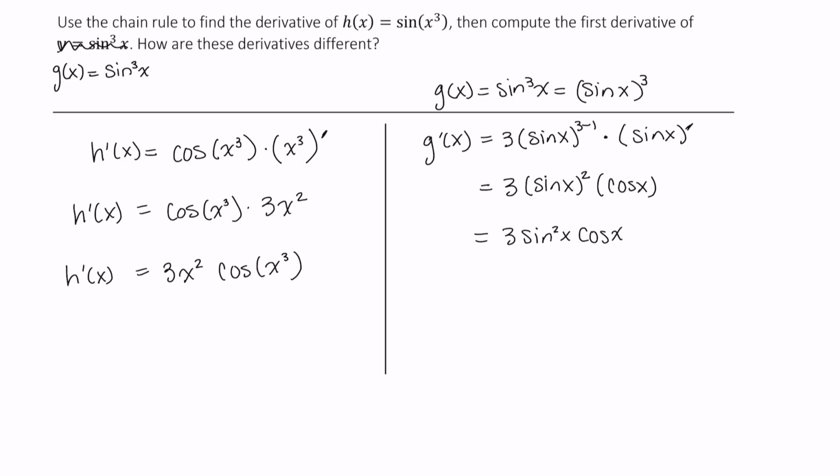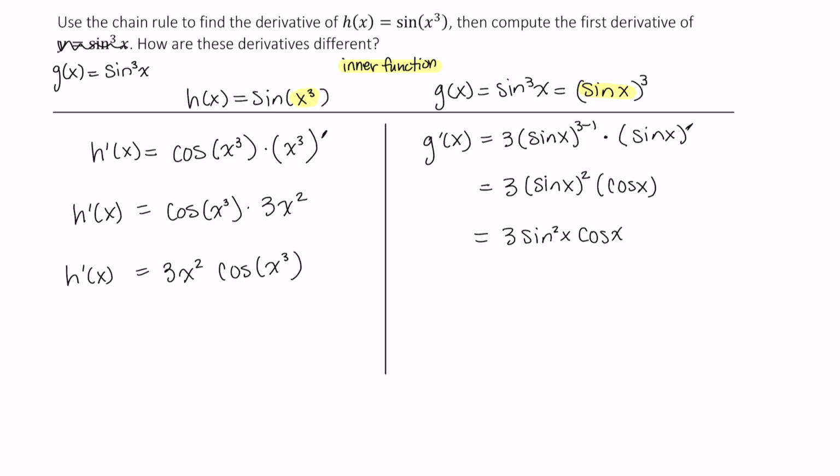So the most important thing to notice from these derivatives, and I'll write h of x again here so we can make this comparison very clear, is that the inner function, I'm going to highlight that inner function in yellow, for h is x cubed, but for g it's sine x, so the inner function is different. In fact, the inner function and the outer function are swapped.